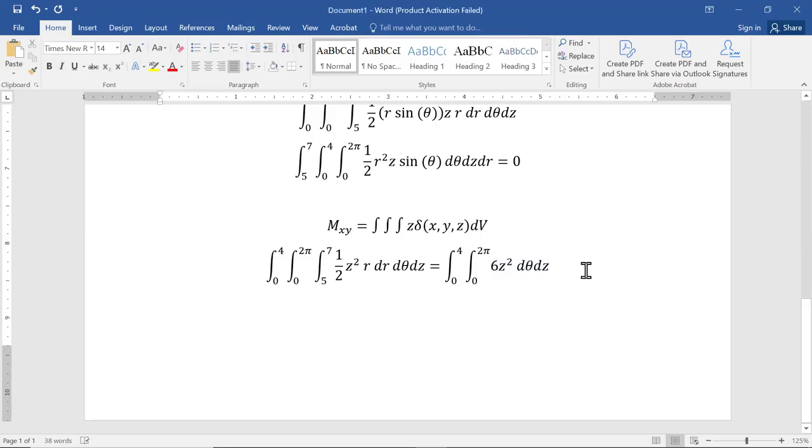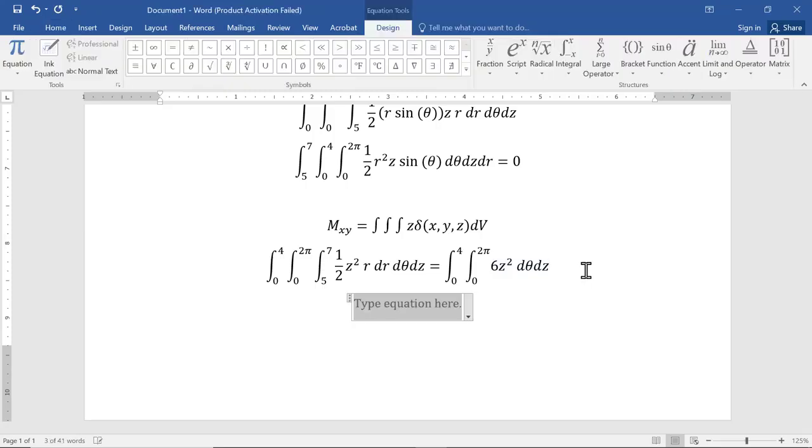Once again, with respect to theta, 6 Z squared is a constant. So what's going to happen is you're just going to multiply that by 2 pi.